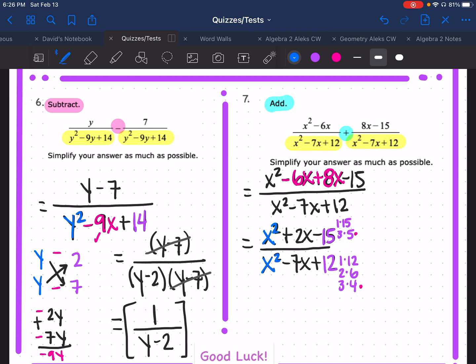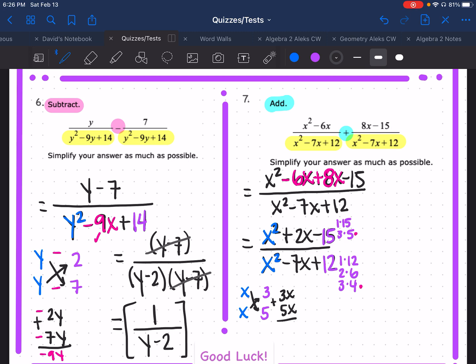Oh, where do I have the space to do these? Okay, here's my numerator. Let's crisscross multiply. 3x, 5x.